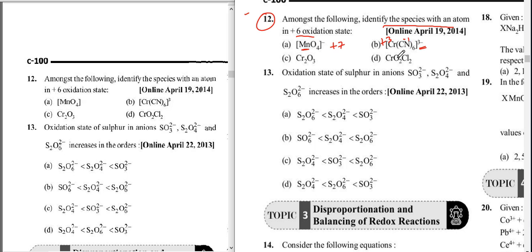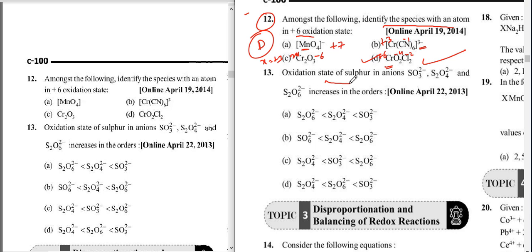Oxygen total -4, chlorine total -2, that means chromium will be +6. Here it is +6. We need this answer, so D. Once again we can confirm it. Chromium, total oxygen -6, here 2x equal to -6 means x equal to +3. So answer is D.